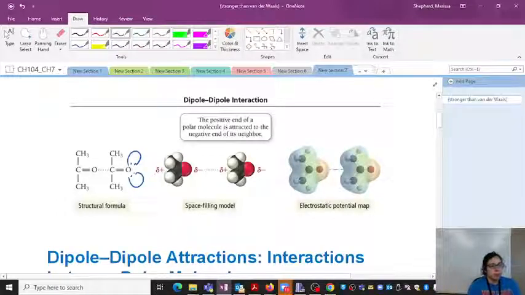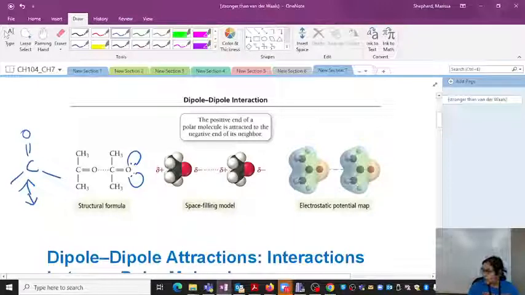And so what we can also do, I don't know if some of y'all are going into OChem later, but we can also draw a resonance structure that emphasizes the partial charges. So if I just kick these electrons up, I could write this resonance structure.